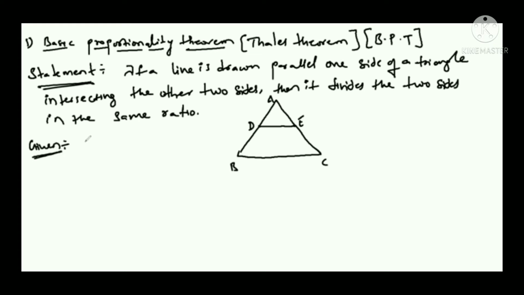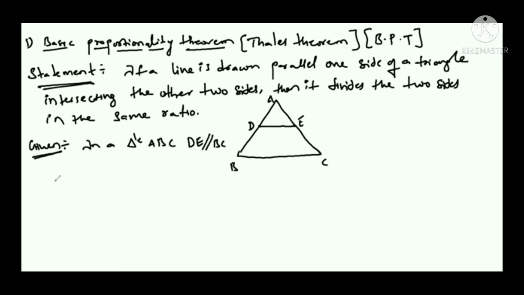In a triangle ABC, everything up to here is given: if a line is drawn parallel to one side of a triangle intersecting the other two sides. That means the triangle is given and parallel is also given. DE is parallel to BC, right? And it intersects at two points, D on AB and E on AC.